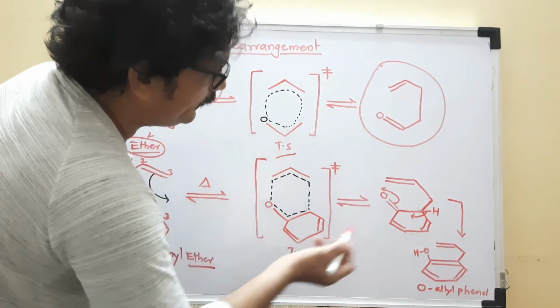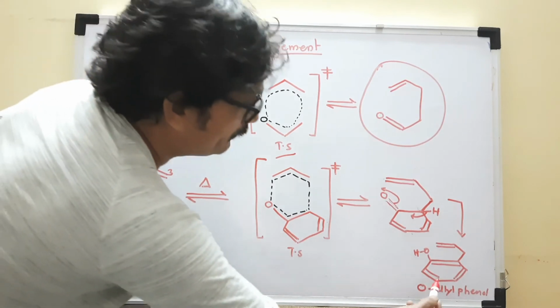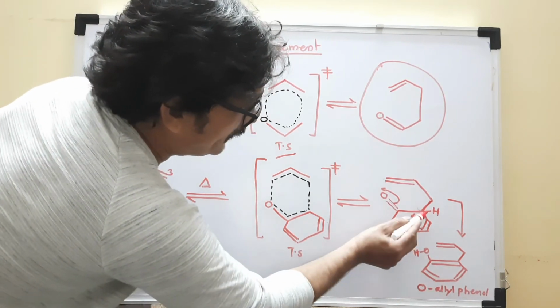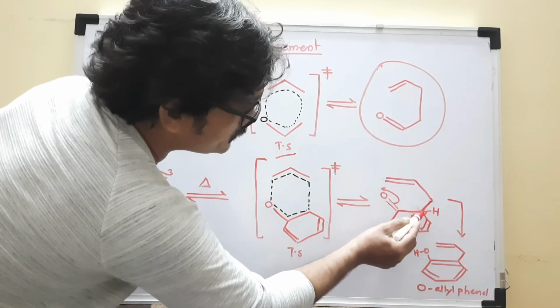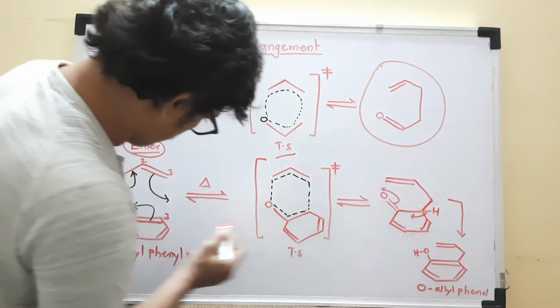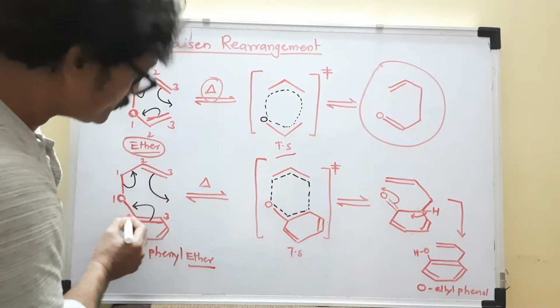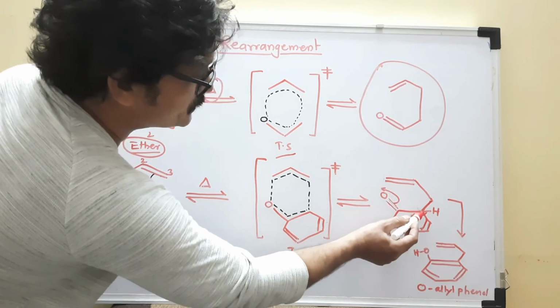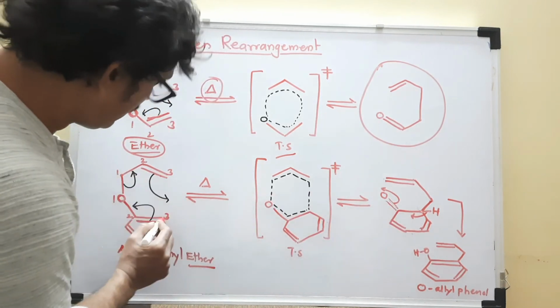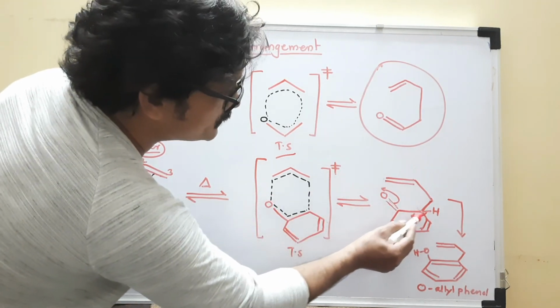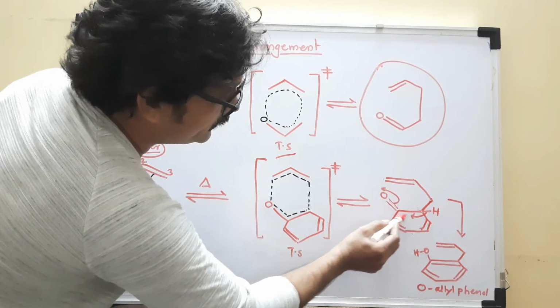But here I can regenerate that benzene ring once again by just shifting this bond because hydrogen is there. There are 5 hydrogens on this benzene ring. I have shown 1 hydrogen where this carbon is attached. So I can shift this bond here within the ring.